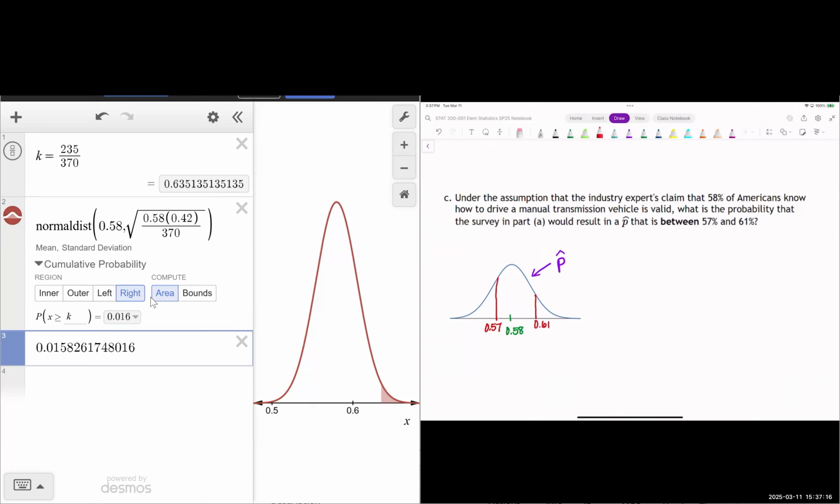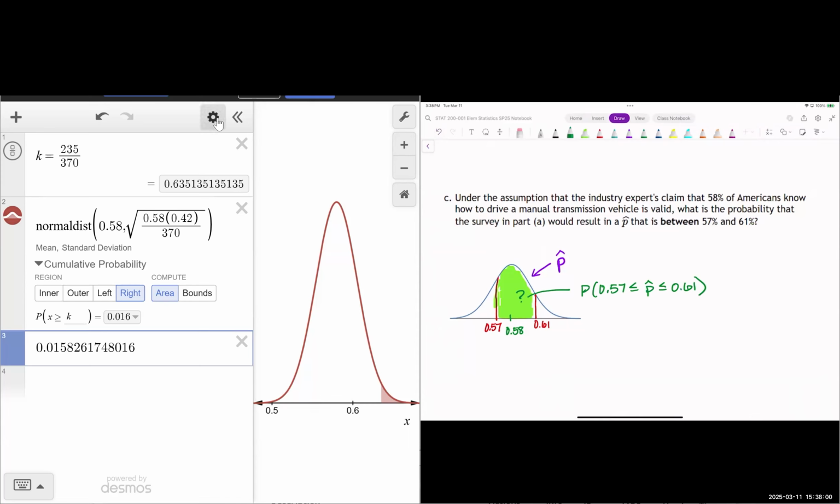This time we're talking about a between probability. So this area is the area that we need, and that represents the probability in this sampling distribution that we would draw a sample that has a p hat between 0.57 and 0.61. That's what we're looking for.